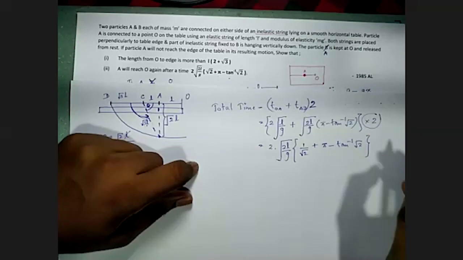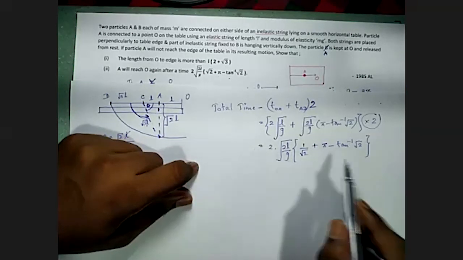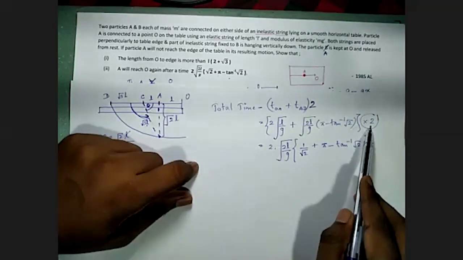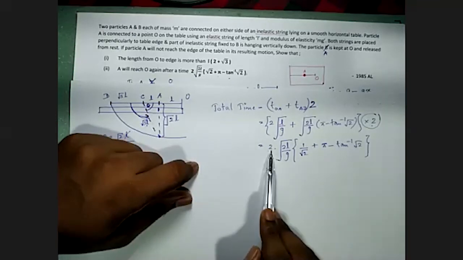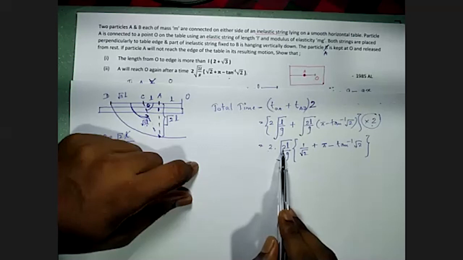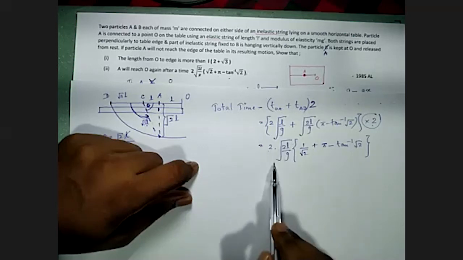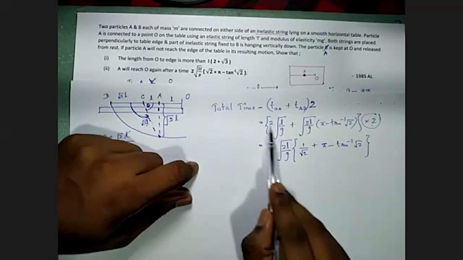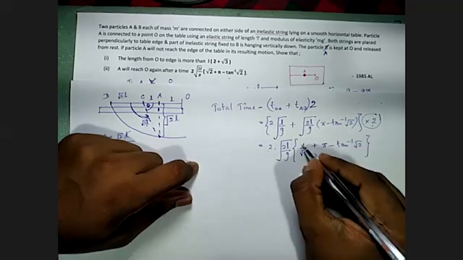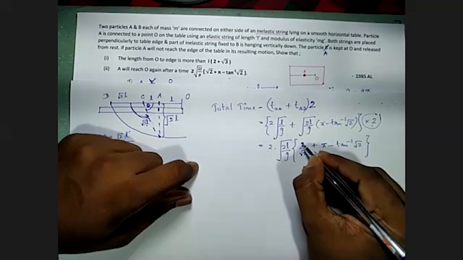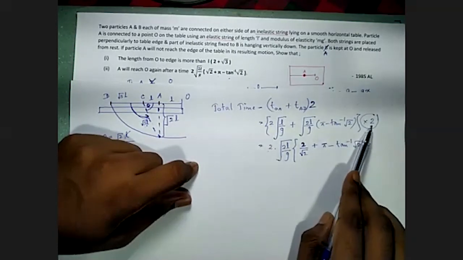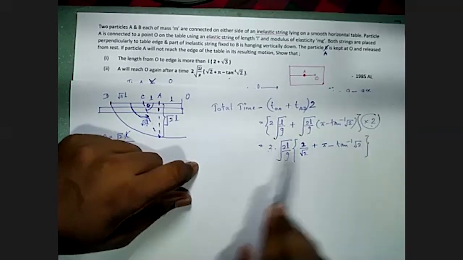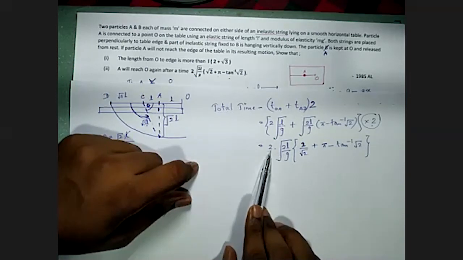Without doing that, I can do the simplification like this. See, I can write this 2 here. This 2 is written here. And I have taken square root 2L over G out. But this 2 is still in the numerator. I didn't take this 2. I took this 2 out for the common factor.